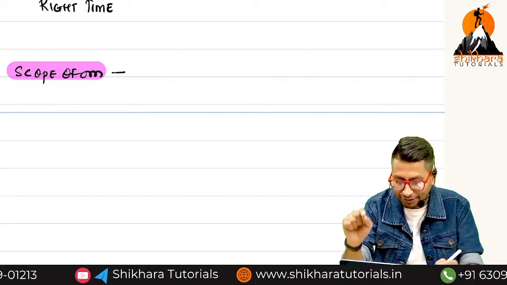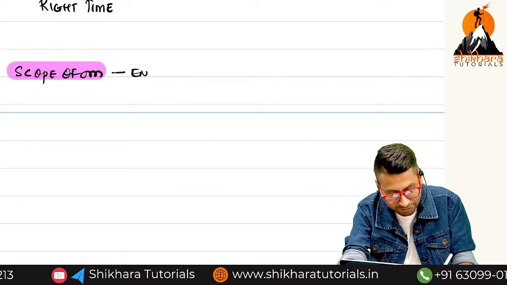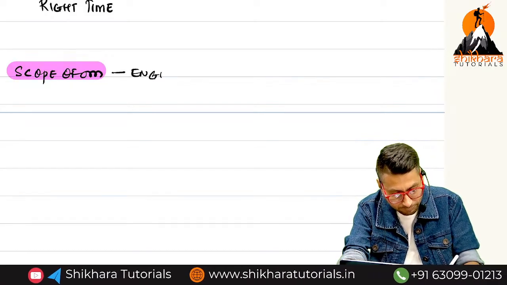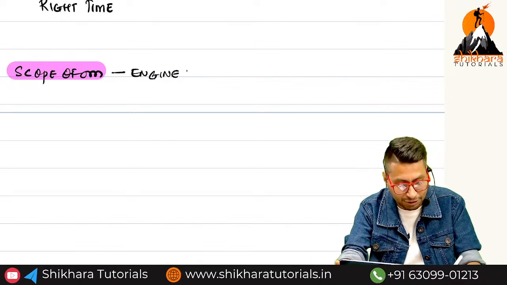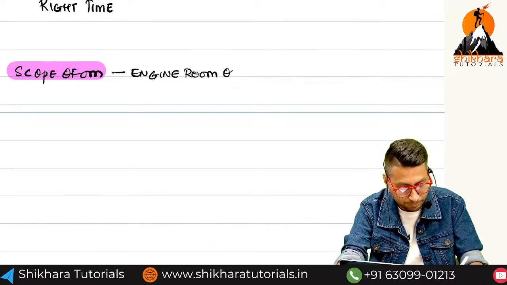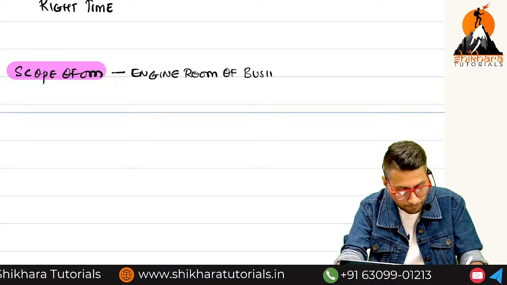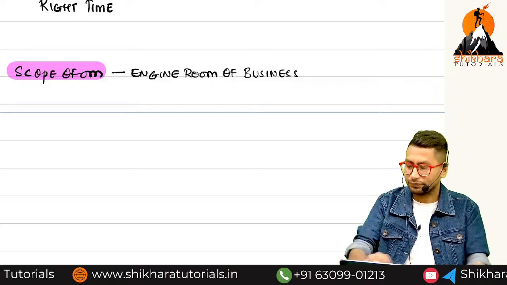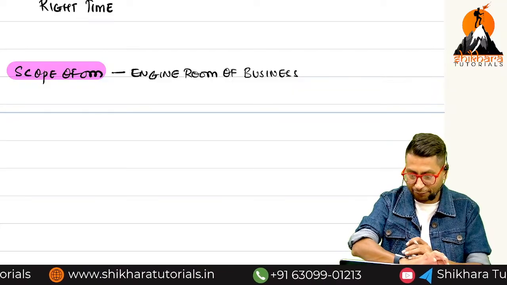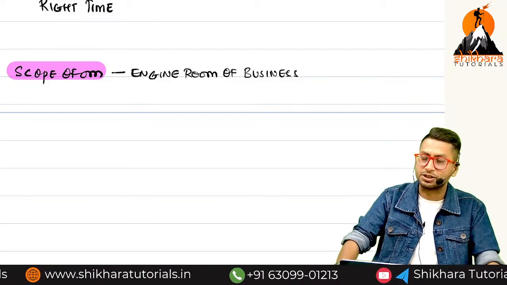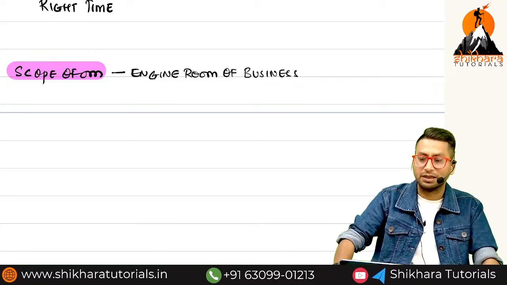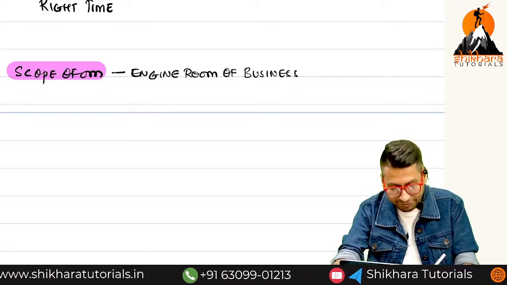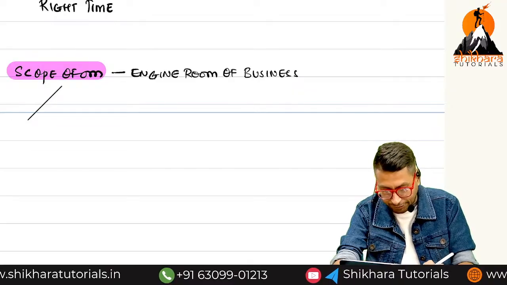In the same way, can I say operations is like the engine room of a business? Operations is nothing but the engine room of the business, which will manage A to Z of everything I want in my business. Who will manage? The operations management team will manage. But what exactly is the role of the operations management team?